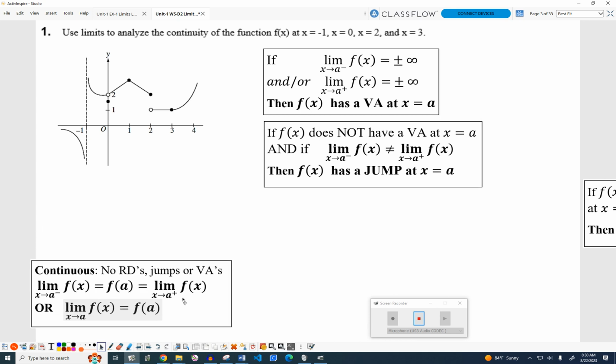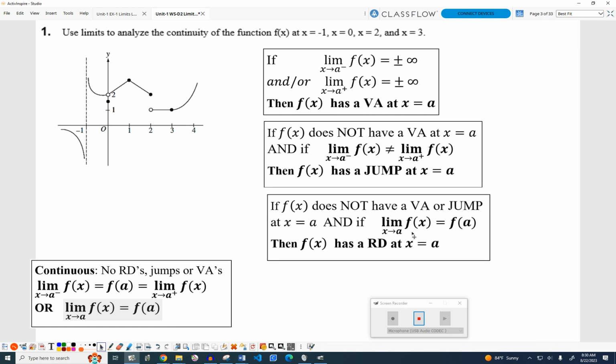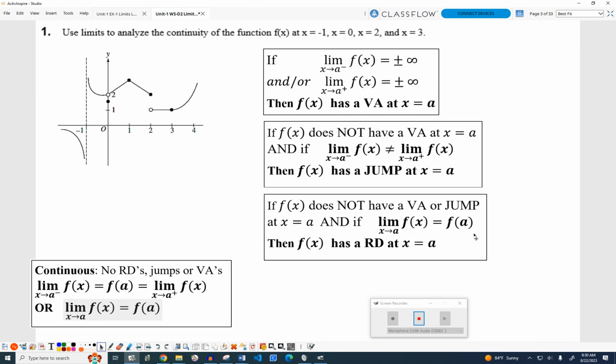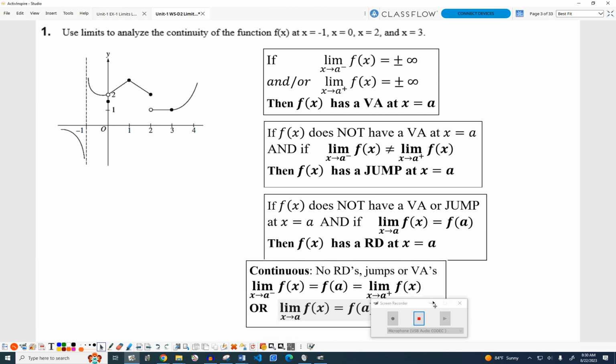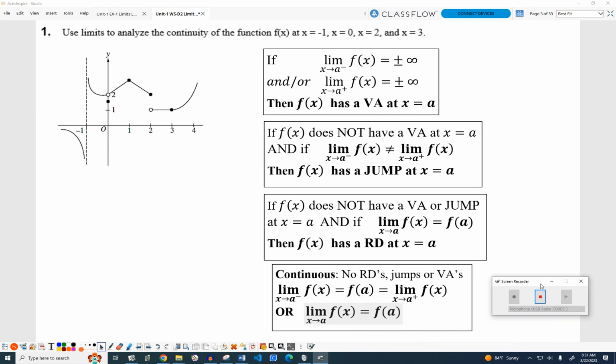If my left-right limits are equal, but they don't equal the function's value, that's a removable discontinuity. And finally, if all are equal to each other, then I know I have a continuous function at that point.